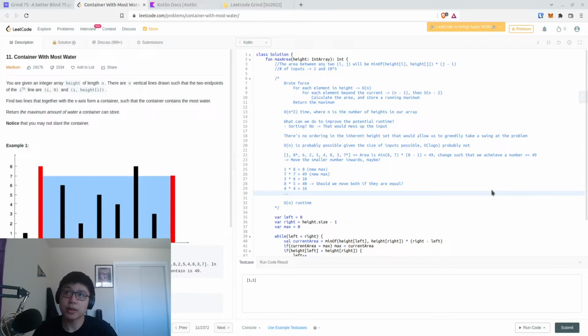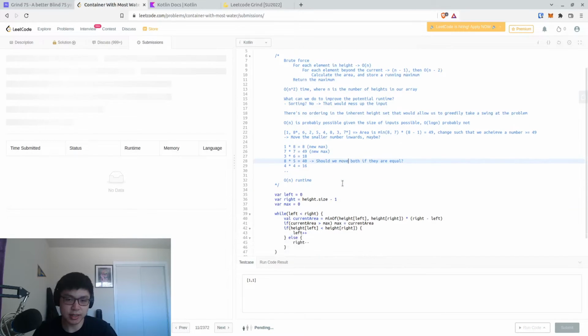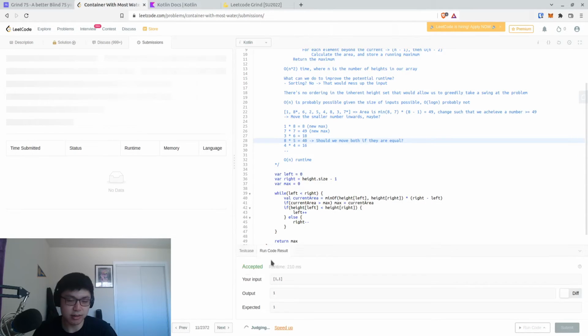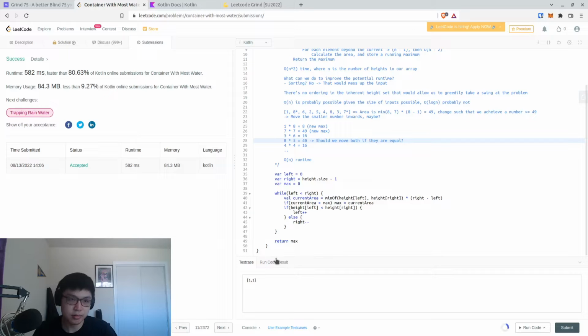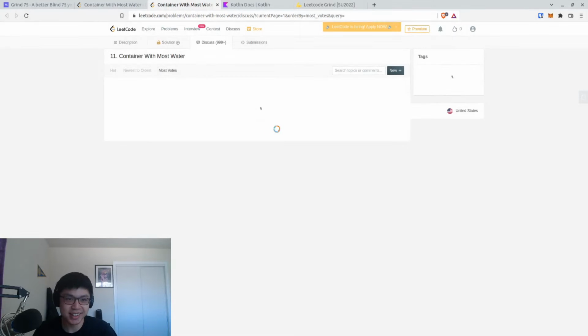I do wonder if there's a situation where once we find a new maximum height, we push the other side until we hit a point where it doesn't make sense. I'm not too sure. Well, let's throw it through a submit and see if we can get a counterexample. Or I guess it just works, but okay, let's go to the discussion tab to see why.